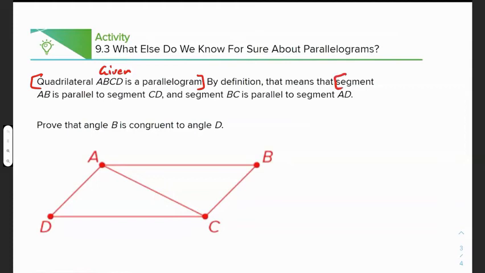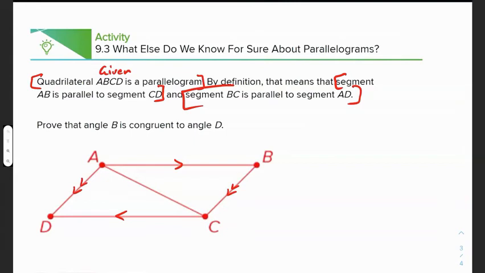Segment AB is parallel to segment CD. So AB here is parallel to CD here. And segment BC is parallel to AD.